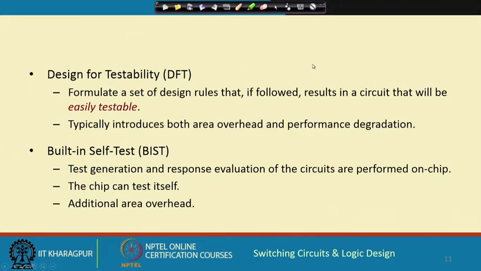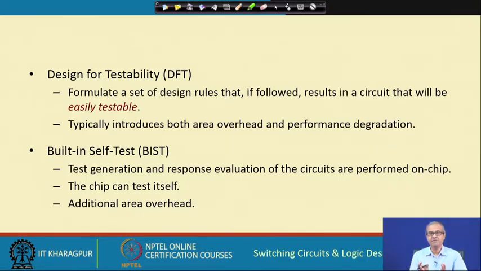Then you have something called design for testability. Design for testability says, well, we talked about the fact that the problem of testing is quite difficult. Combinational circuit is difficult, sequential circuit is even more difficult.